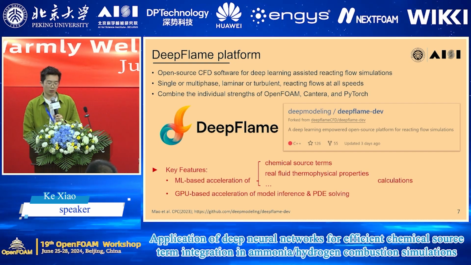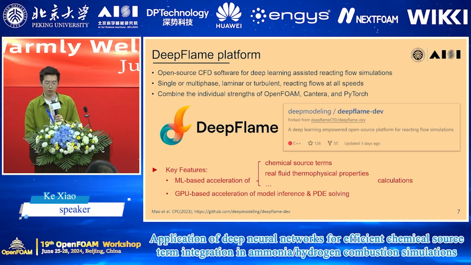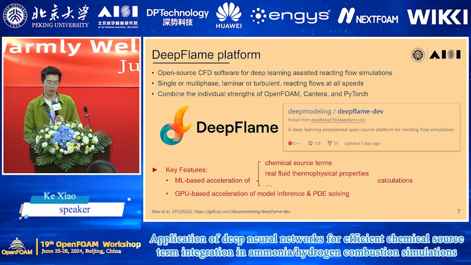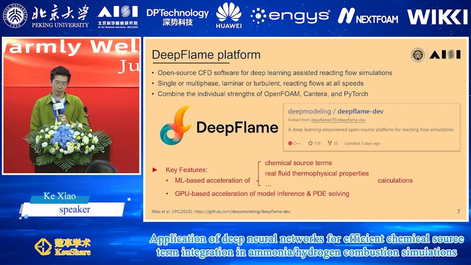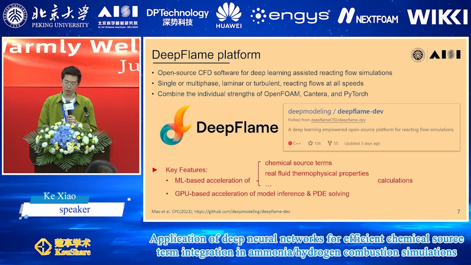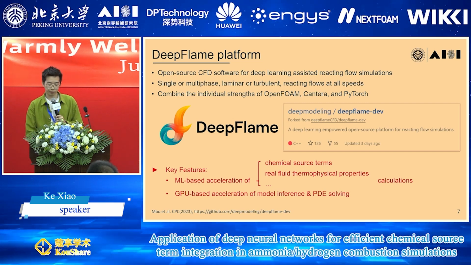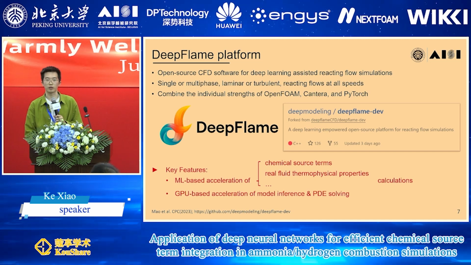It supports single or multi-phase, laminar, or turbulent reacting flows at all speeds. Current key features of DeepFlame include machine learning-based acceleration of different procedures in the simulations, including calculations of chemical source terms in this study, and also thermophysical properties, and also GPU-based acceleration of model inference and PDE solving.